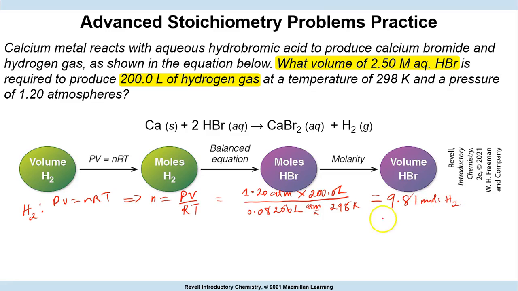Now we are going to use the balanced equation to convert from moles of hydrogen to moles of hydrobromic acid. So we have 9.81 moles of hydrogen times, now in the balanced equation we see that for 1 mole of hydrogen, we have 2 moles of hydrobromic acid.